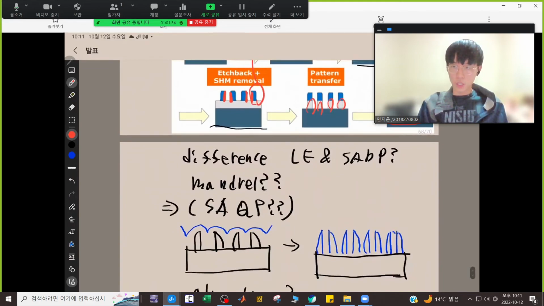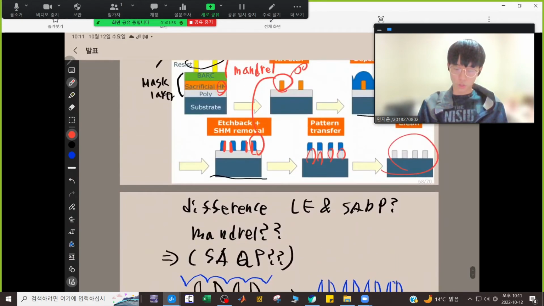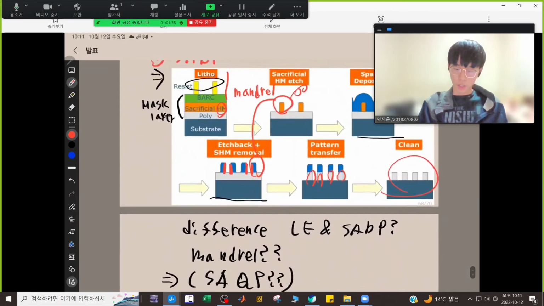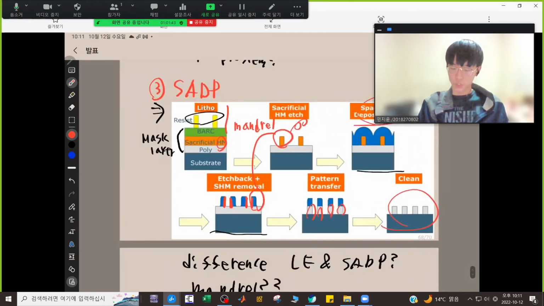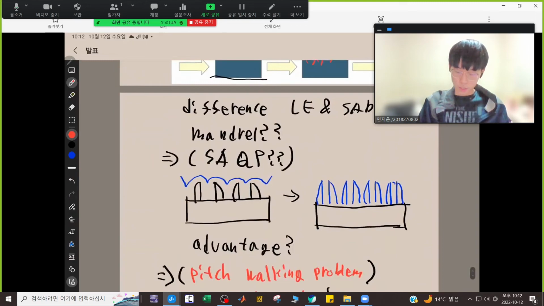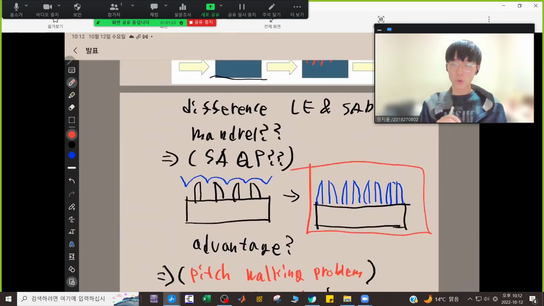And if we repeat the same process, such as spacer deposition and etchback on this thin spacer, then we can get a better nano patterning than before.